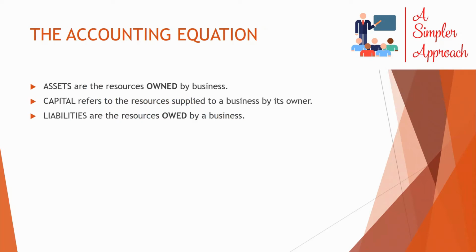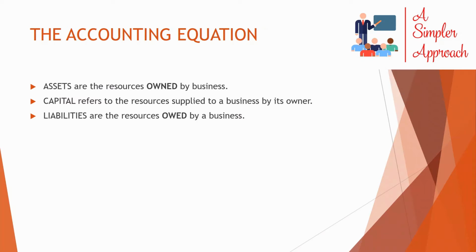Before we can even attempt to understand what the accounting equation is all about, we must first understand the three components of the equation. Those three components are assets, capital, and liabilities.